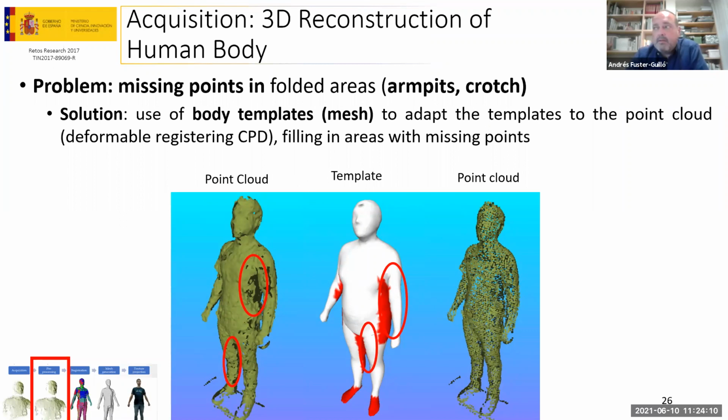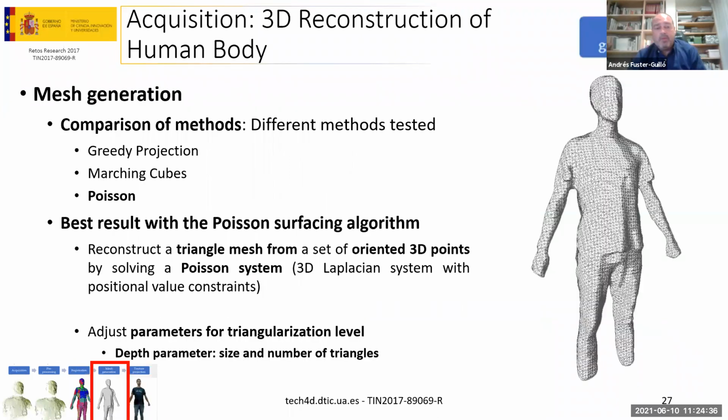I will come back to these algorithms later, to fill in the areas with missing points. In the image, you can see the point cloud with the missing points. In the central image, you can see the template, and in the right image, you can see the point cloud completed.